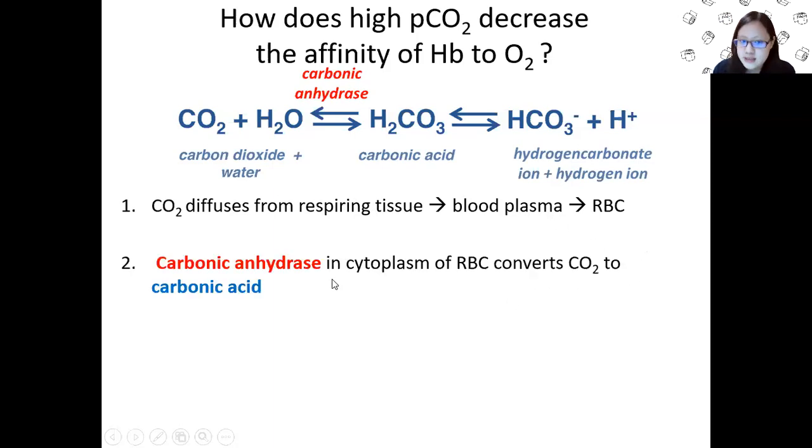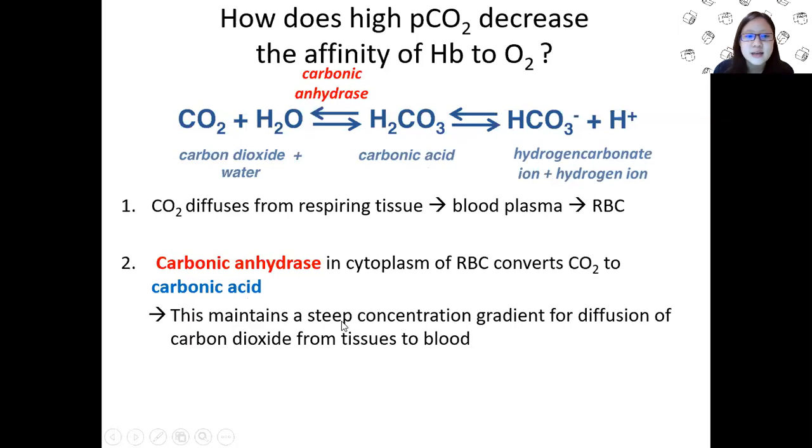Now, in the red blood cells, there is an enzyme called carbonic anhydrase in the cytoplasm. This enzyme, a globular protein, converts CO2 and H2O to form carbonic acid, which is H2CO3 here. You can write H2CO3 in exams, no problem.